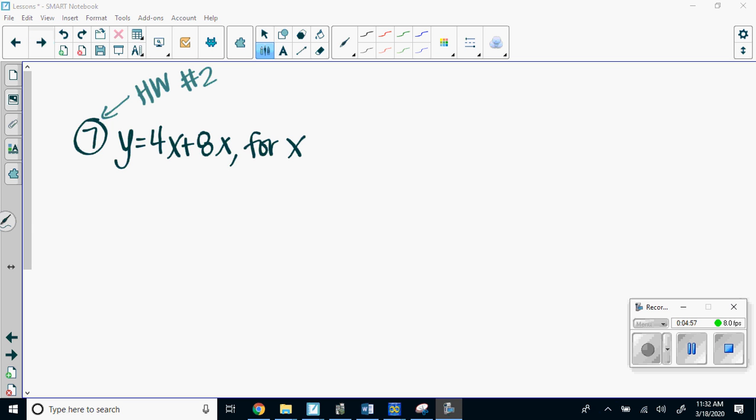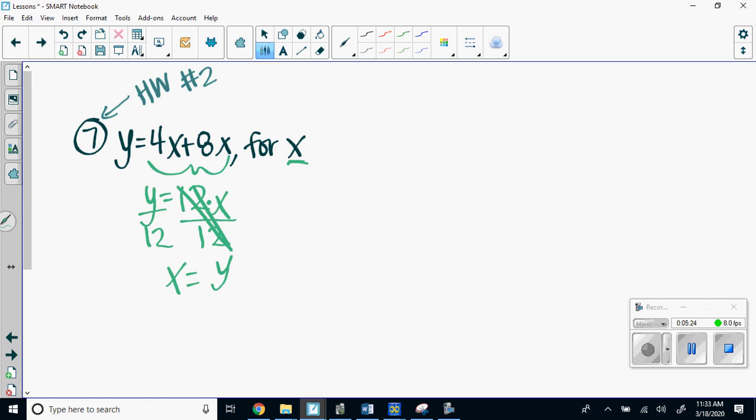So to get x by itself, we need to start by combining our like terms. 4x and 8x are like terms because they both have an x on them, which makes this y equals 12x. We're trying to get x by itself, so I need to get rid of this 12. It's a multiply by 12. Opposite of multiply is divide. So then, x equals y divided by 12.